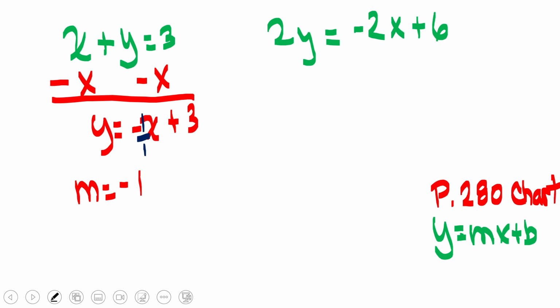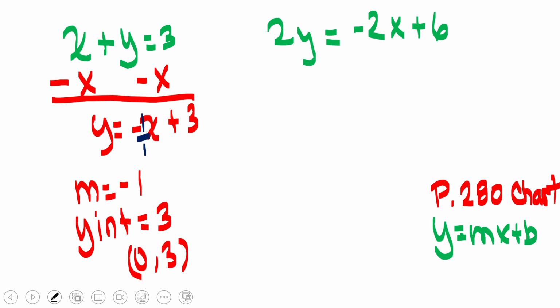And that means our y-intercept is a positive 3, because if we plug 0 in for x, all that's left is 3. So there's the point for the y-intercept, which is the b term in the intercept equation.